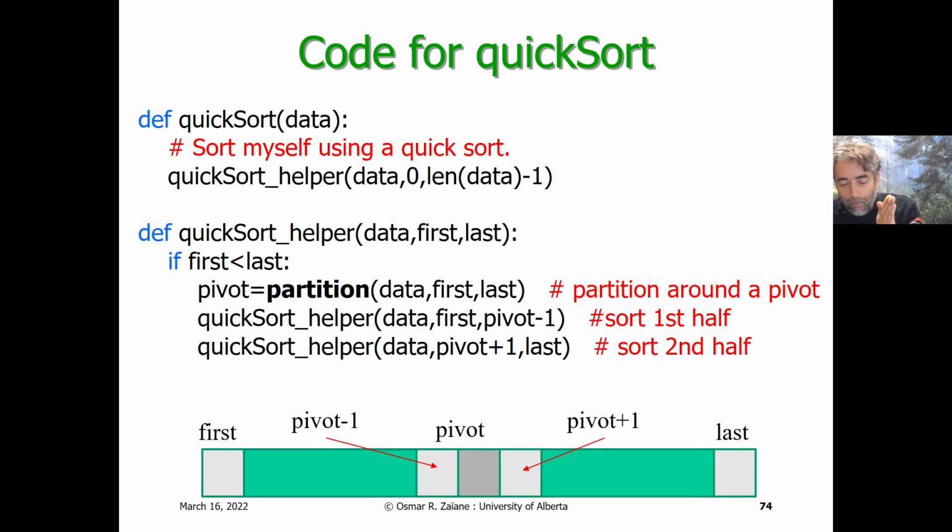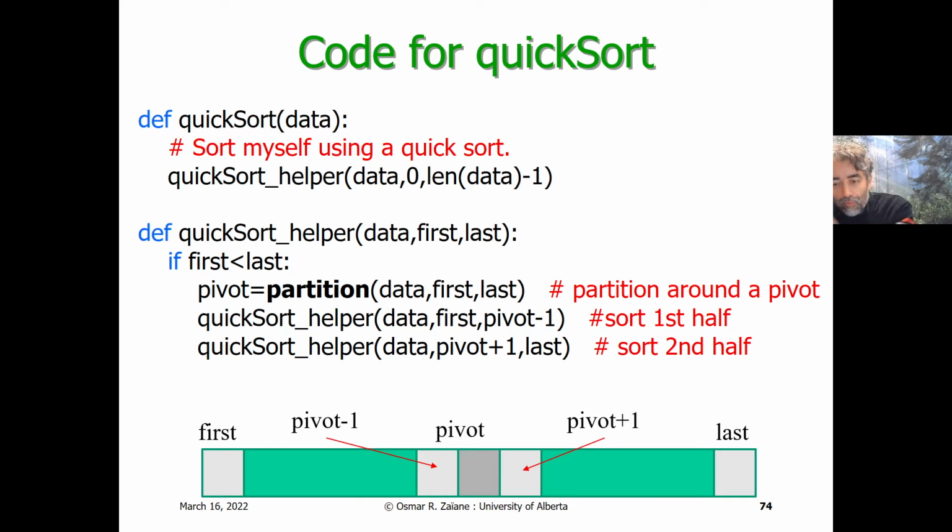Basically, I will have also two indices from the beginning and from the end racing towards each other. And instead of swapping with the pivot, the pivot stays in the waiting room there. I'll swap the first element from the right that I find smaller than the pivot, and the first element that I find from the left that is bigger than the pivot, I'll swap those two. And then I keep on going.